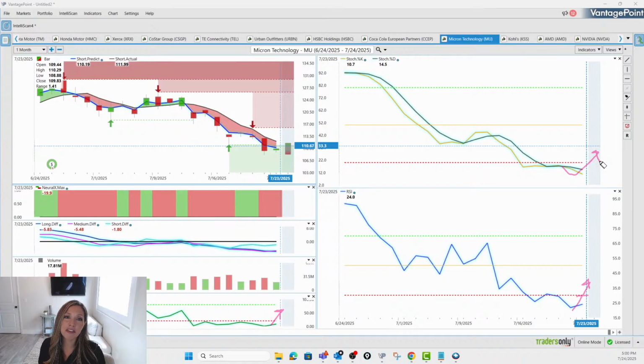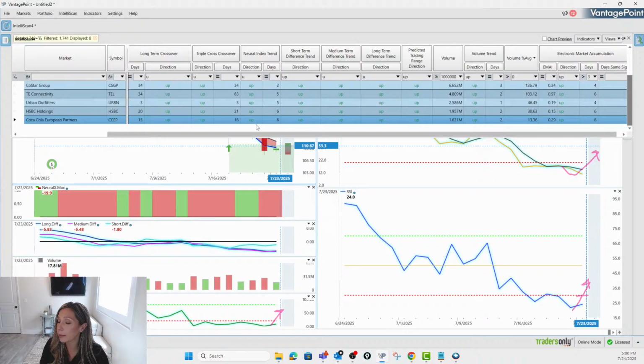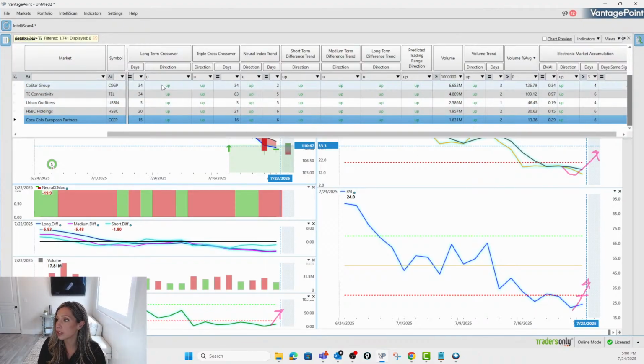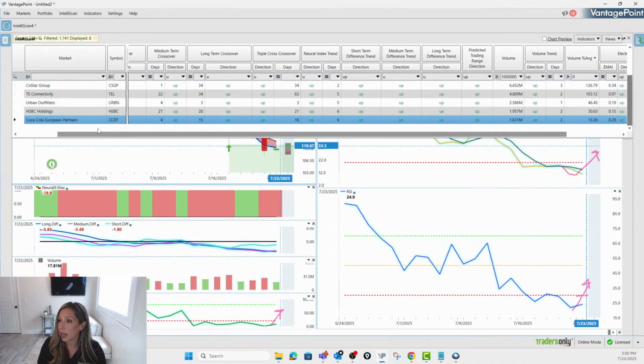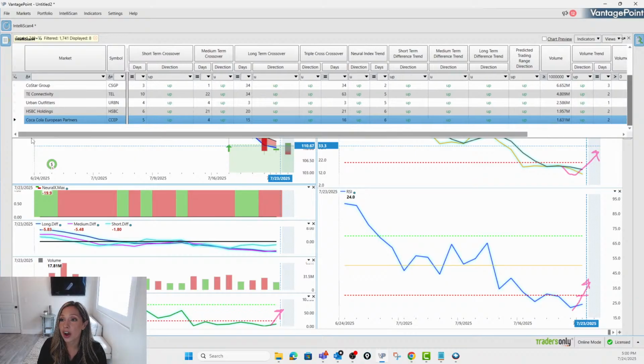I know today our focus was really identifying volume breakouts, and I hope that the IntelliScan that we went over today really did showcase that. I'm going to go ahead and pull that up one more time for you guys so you can see the fact that we actually scanned almost 1,800 different assets here. You could even add in your ETFs into this scan to identify different sectors that are moving and have higher volume as well.